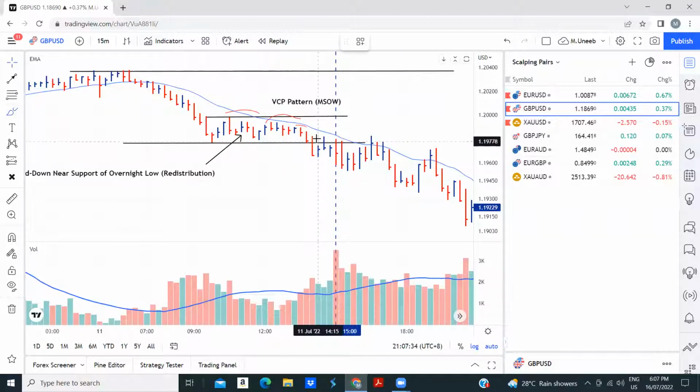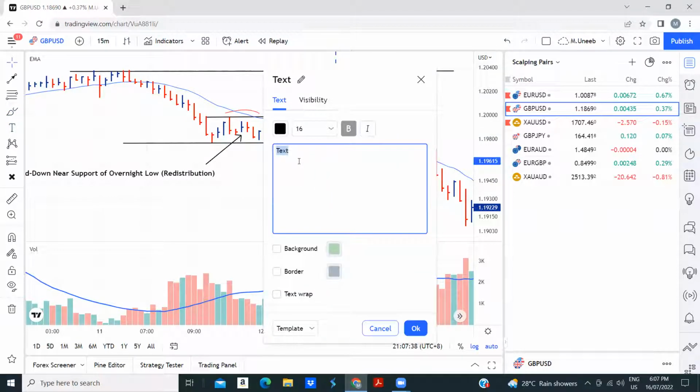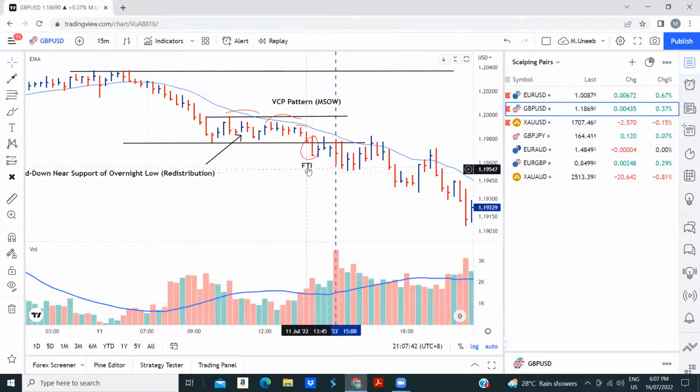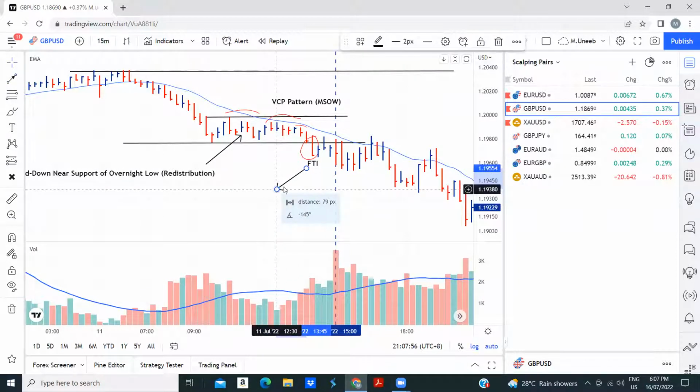And now the price breaks through, right? On a very high volume. Can you see? Right? This is what? FTI, falling through ice, right? When this is falling through ice, what do you see, right? Okay. This falling through ice, all of this, this one is also what?